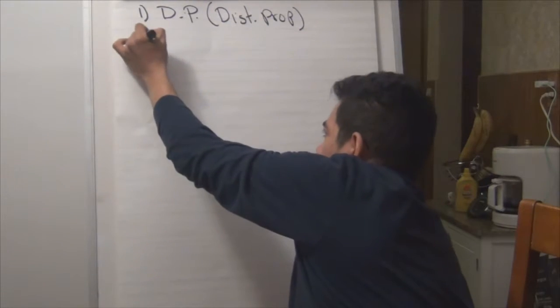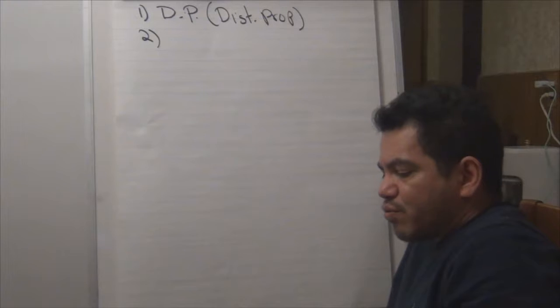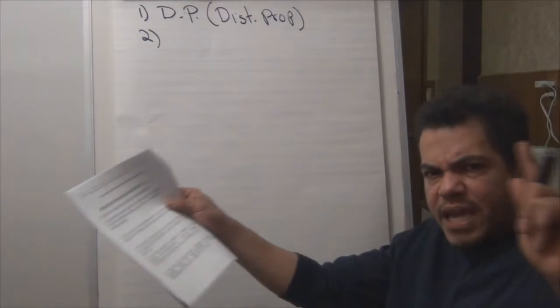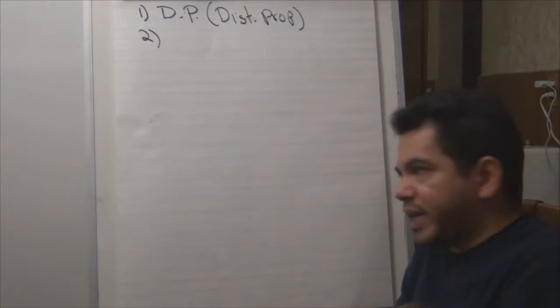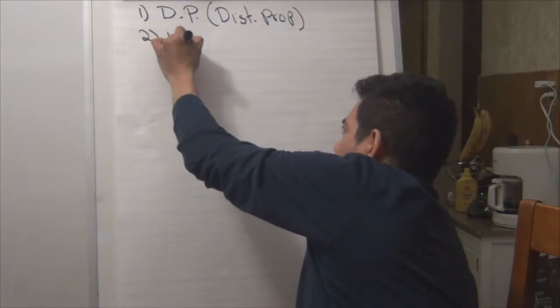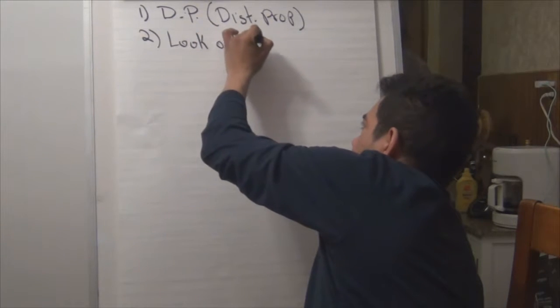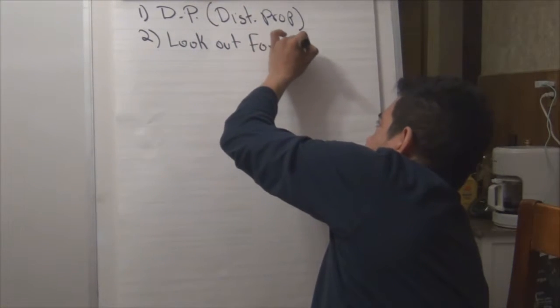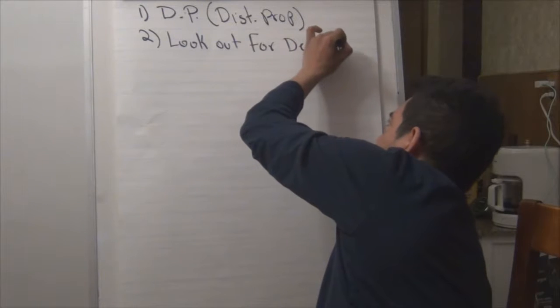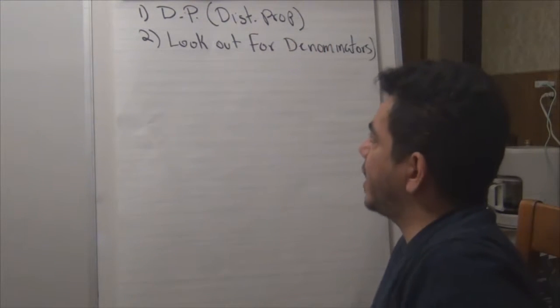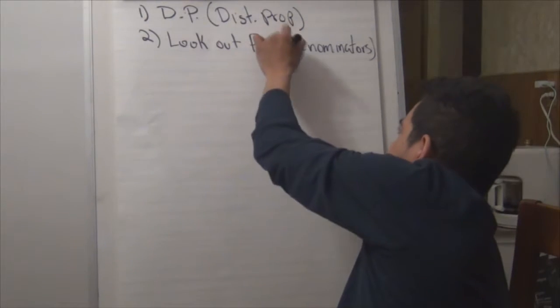The second rule is that you're going to look out for any denominators. When you have a big equation, you're gonna have to look out for any denominators. And why?